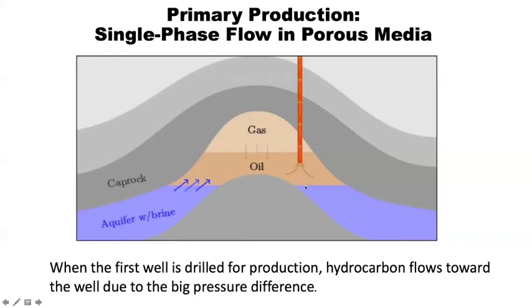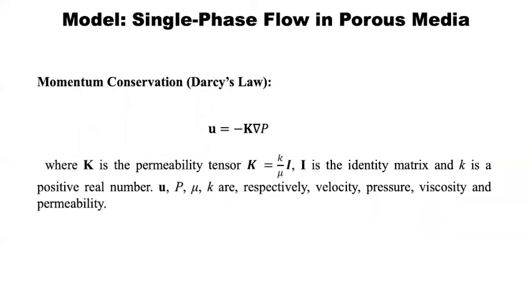Actually, pressure drives flow here, so the flow will go up very quickly. So why is the model here single phase? Because the well is drilled until it reaches the oil region. So we'll have only oil. So it is single phase. It doesn't mix right now with gas.